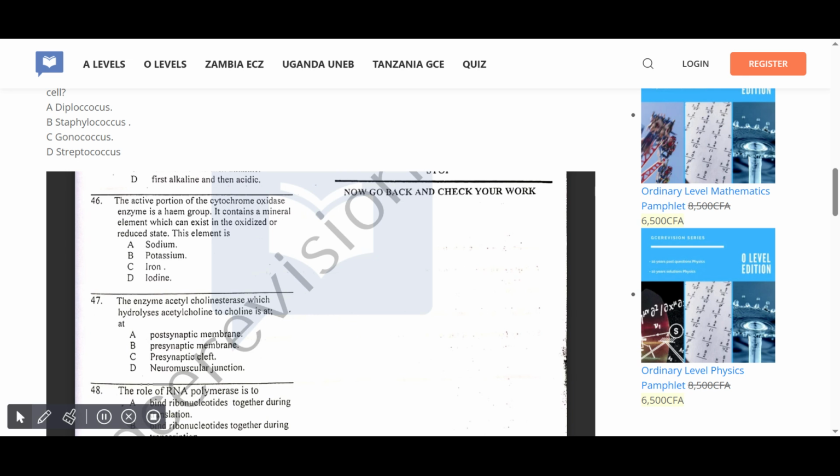Question 47. The enzyme acetylcholinesterase.